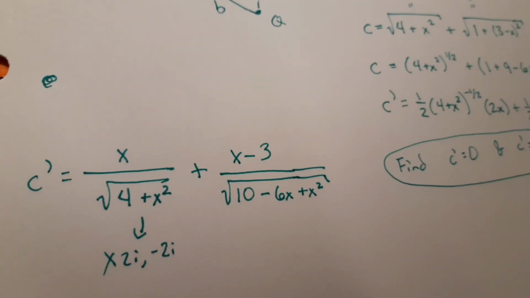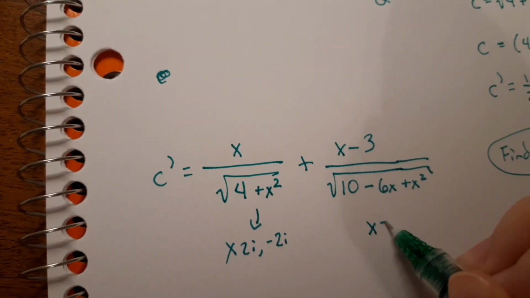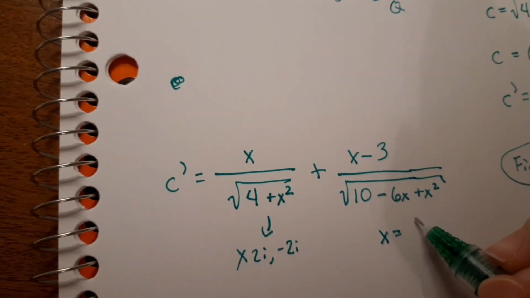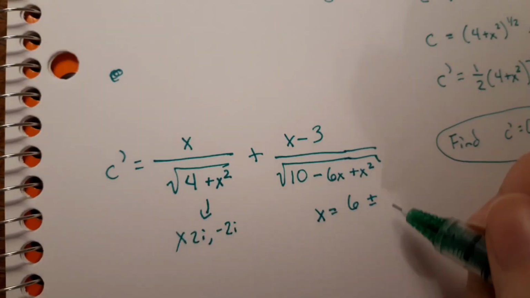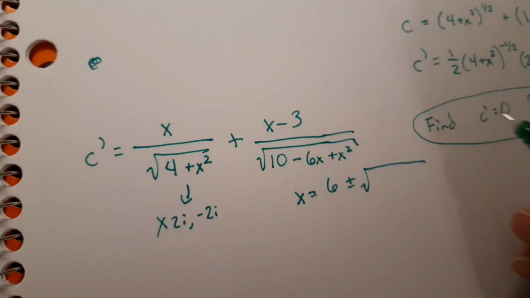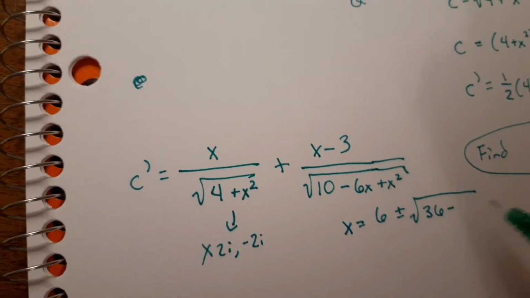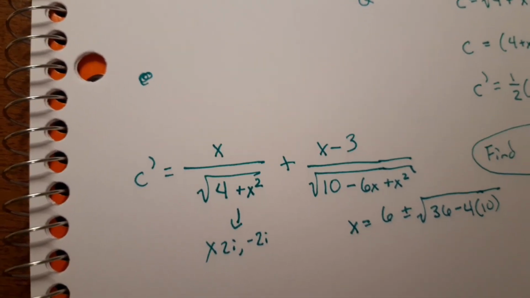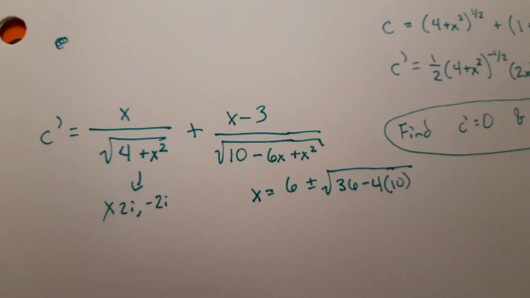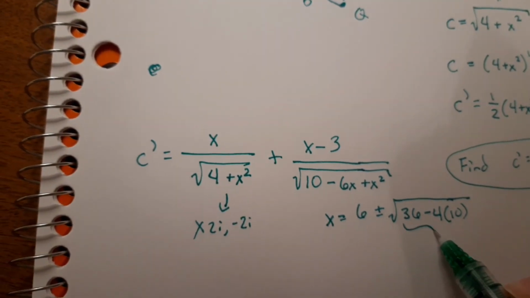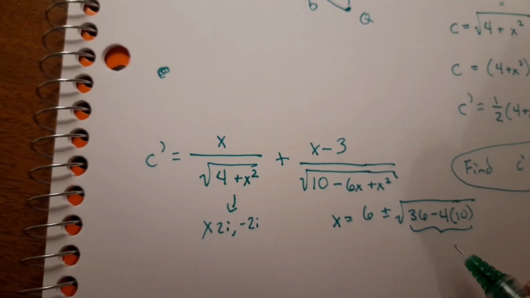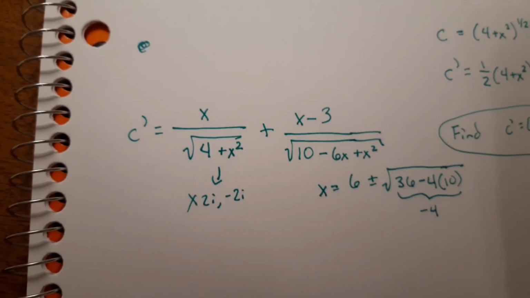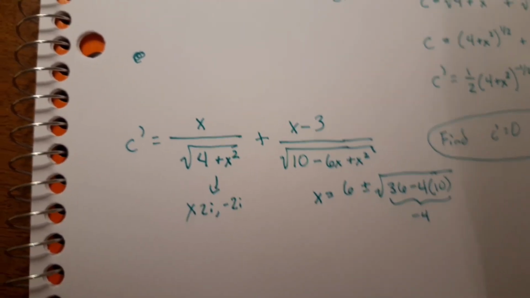And so let's just go through and see if we can. So x is equal to negative b, so that's 6 plus minus the square root of b squared, which is 36, minus 4 times AC, so minus 4 times 10. Oh, hey! All right, we don't even have to finish this, because this guy is 36 minus 40, which is negative 4, which means it is also imaginary.